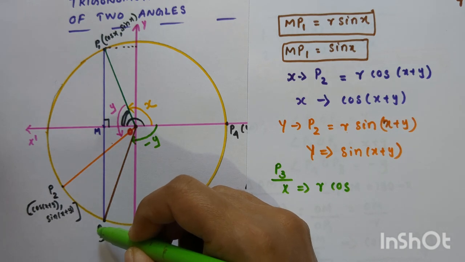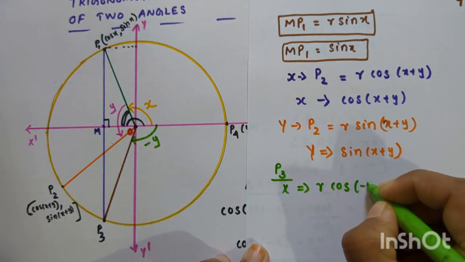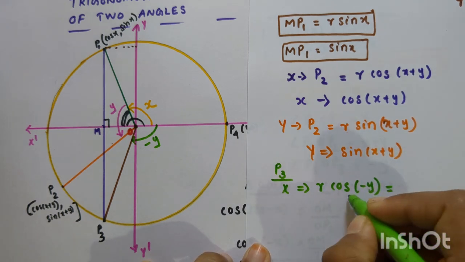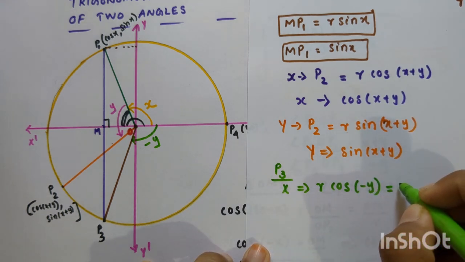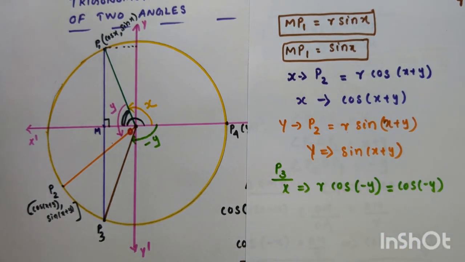The angle made by P3 with the positive direction of the x-axis is actually minus y. So cos of minus y. Radius is equal to 1. Cos of minus y is what? Cos y, or you can take it as cos of minus y. So the x coordinate of this point P3 is cos of minus y.